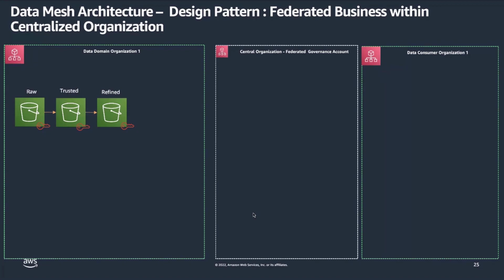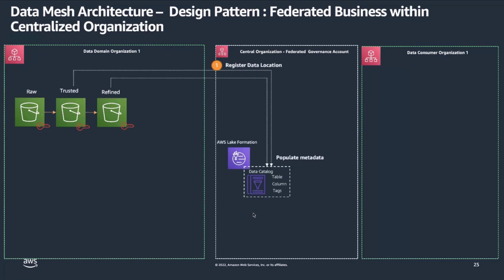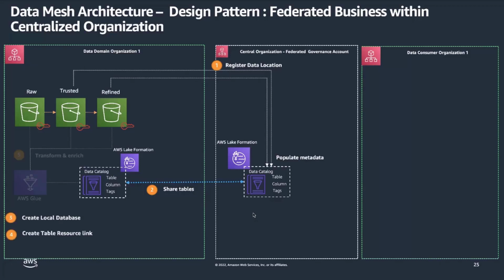Like the similar model, if one of the organizations brings or ingests the data into their data lake environment or their domain organization, the first step is to register the data sets in the central federated governance account, which means they would want to populate all the metadata of their registered data products, and they would share that same metadata back into the organization for their own curation, transformation, and enrichment, and all the domain centric operational activity that they want to make.